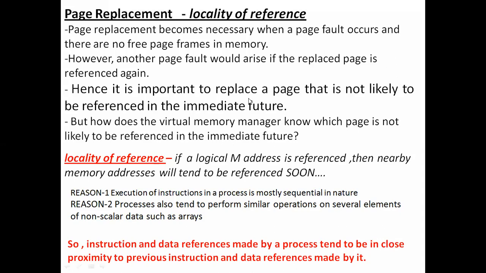Based upon that, you can analyze this statement of locality of reference: the instructions and data references made by a process will tend to be in close proximity, in the same neighborhood. The faculty asks the first student, then the second, then the third, then the fourth.